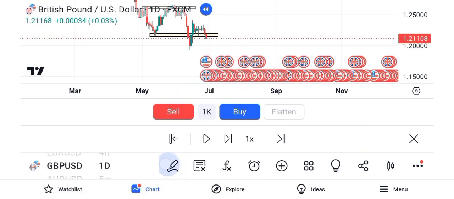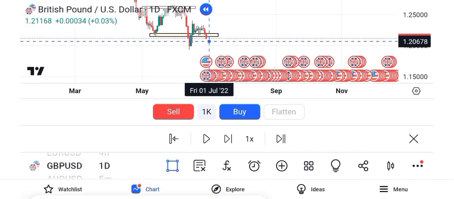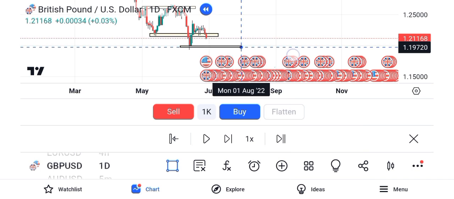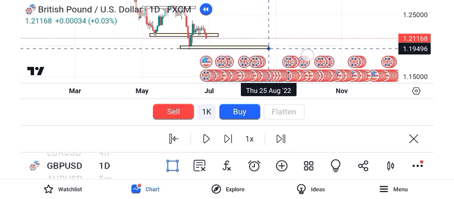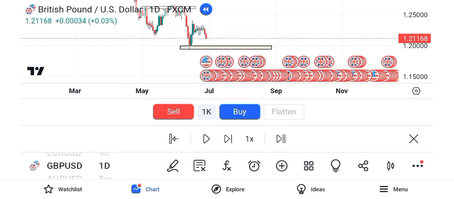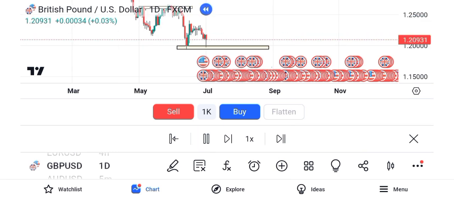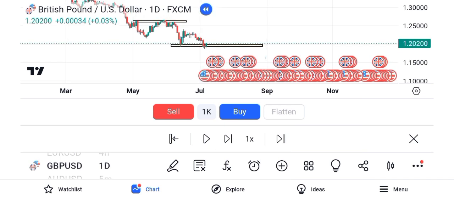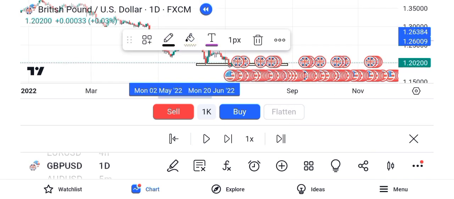So we tend to draw our rectangle over there. So we get our resistance level here also. Then get rid of this one. Now let's play. Wow, you see the market doing that. So we get rid of this one here.